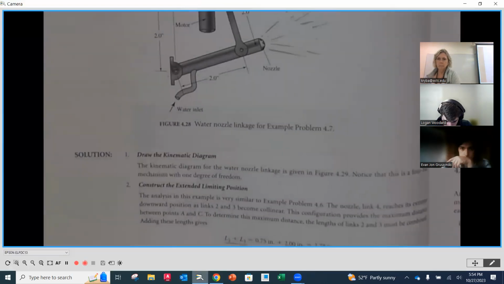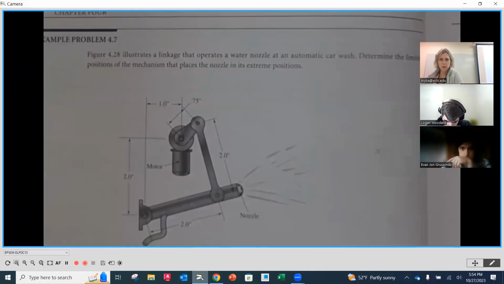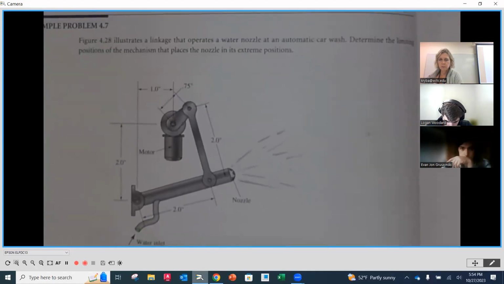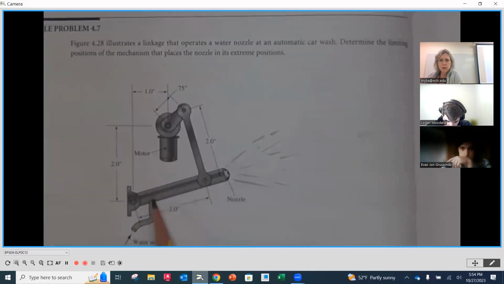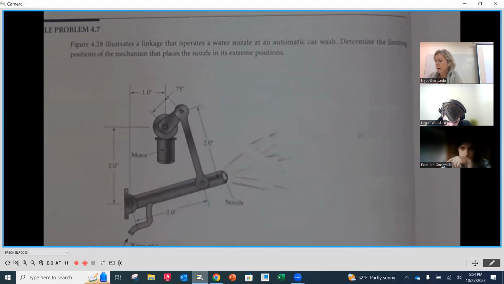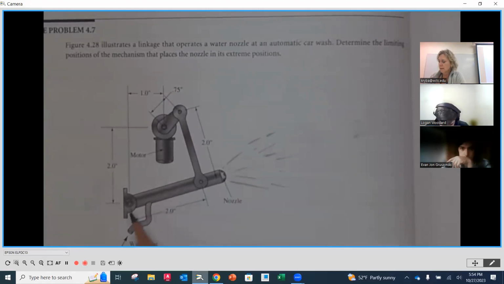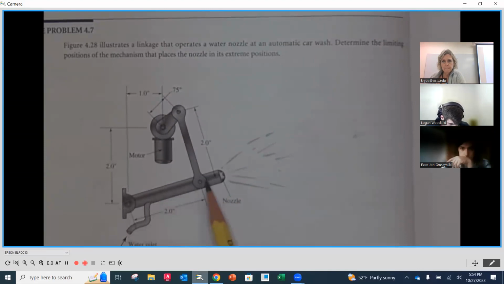On page 90, at the top, we're going to see problem 4-7. And this illustration is for the operation of a water nozzle for an automatic car wash. We want to determine the limiting positions of the mechanism that places that nozzle in its extreme position. So the nozzle is here, okay?